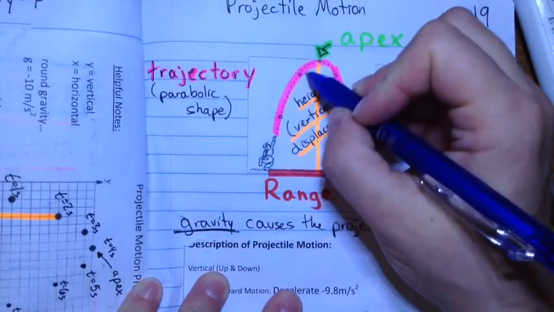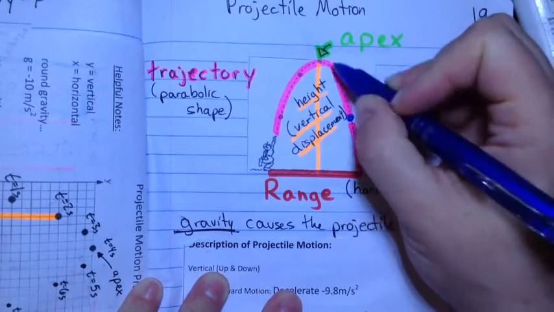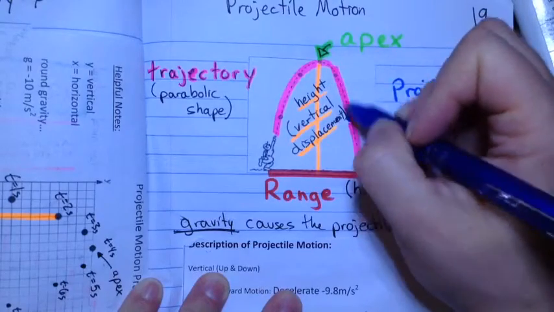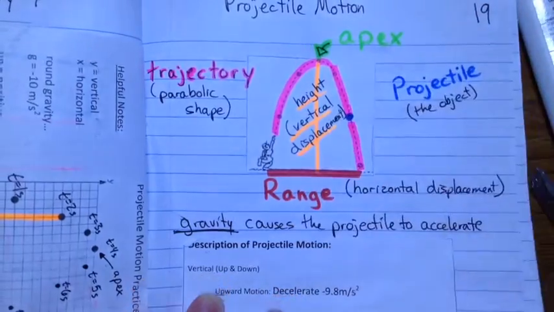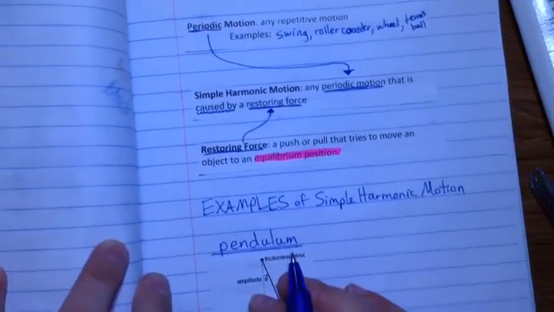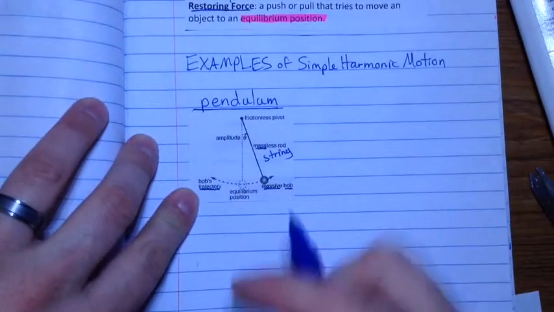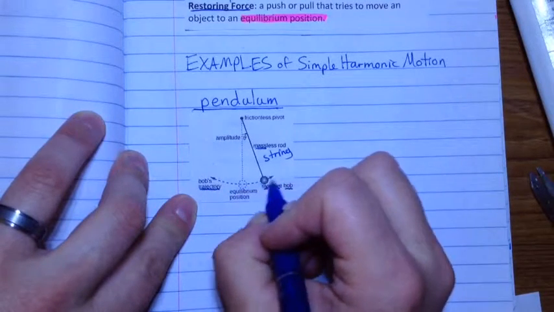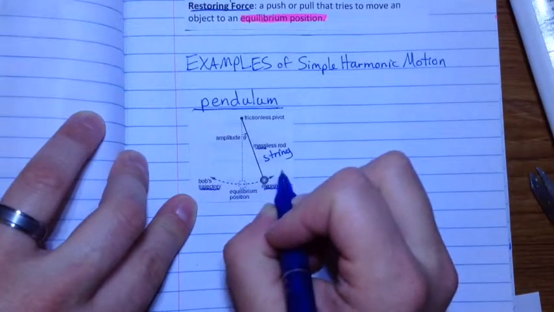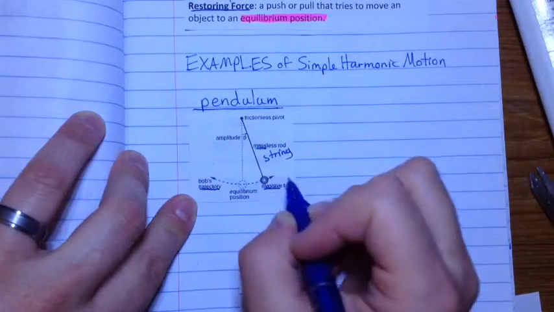It's the arc, the path that the projectile travels through in the air. For a projectile that has a parabolic shape. Not true with harmonic motion. It is not a parabolic shape. But this trajectory is the path that the bob travels through in space. Does that make sense?